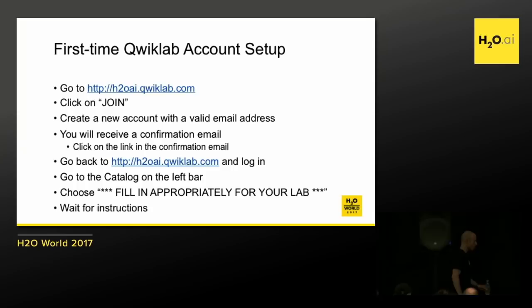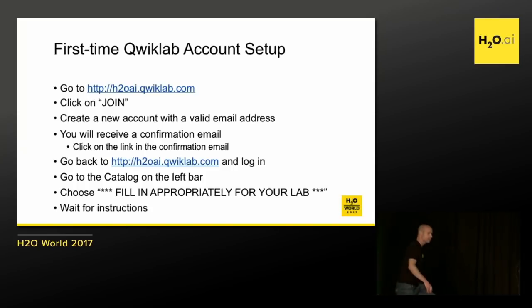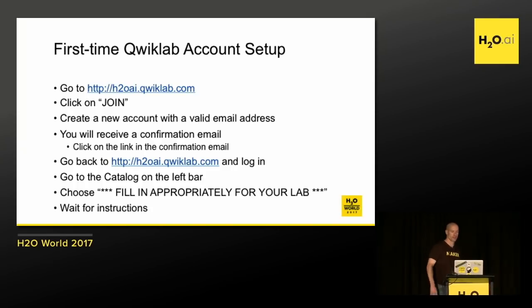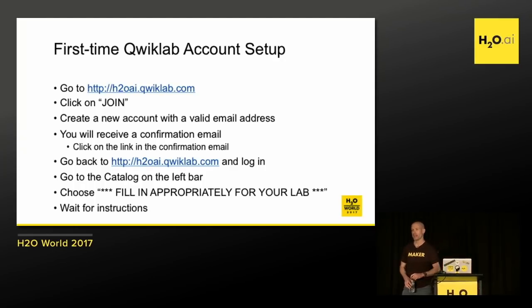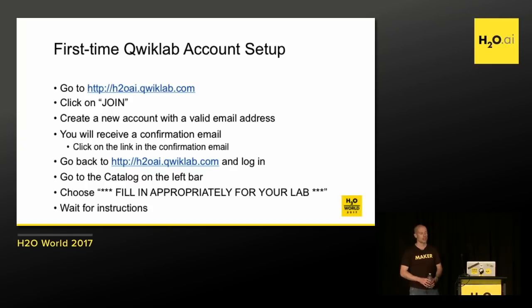Are people getting in? Show of hands the people who did get in, and then show of hands the people that are having trouble. So one more time, to follow these instructions, you go to h2ai.quicklab.com. Quicklab is QWIKLAB.com. You sign up by joining. You enter your information. You get an email.